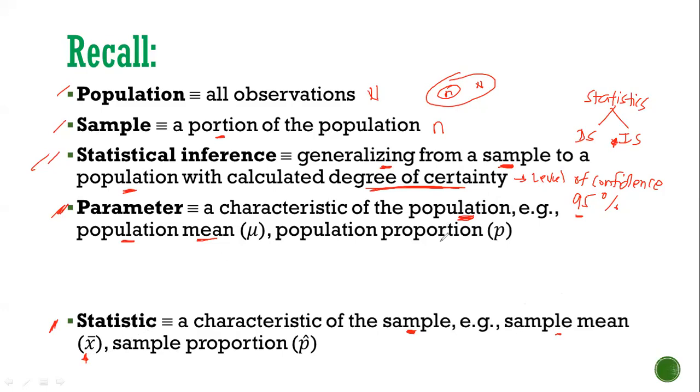Dito naman tayo sa second, population proportion. When we say proportion, this is just a fraction of your population. Fraction lang siya. You just took something from your population. That's your population proportion.